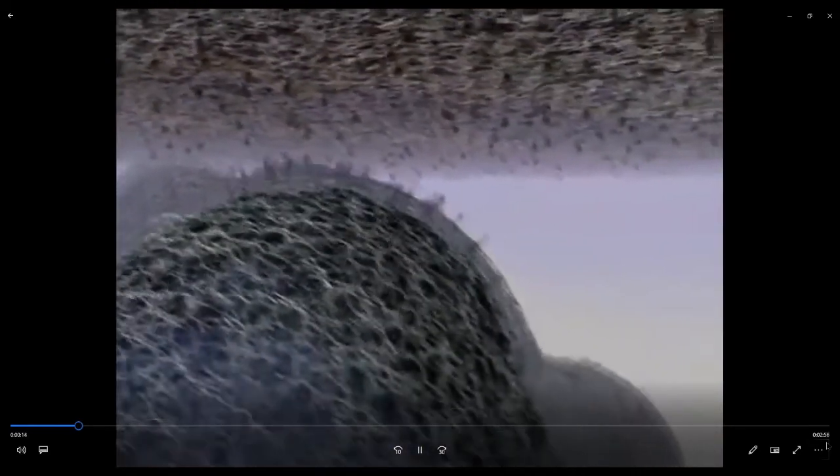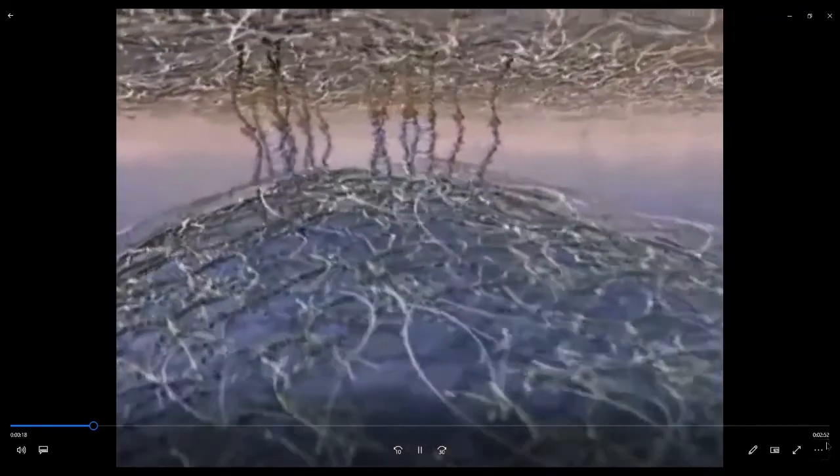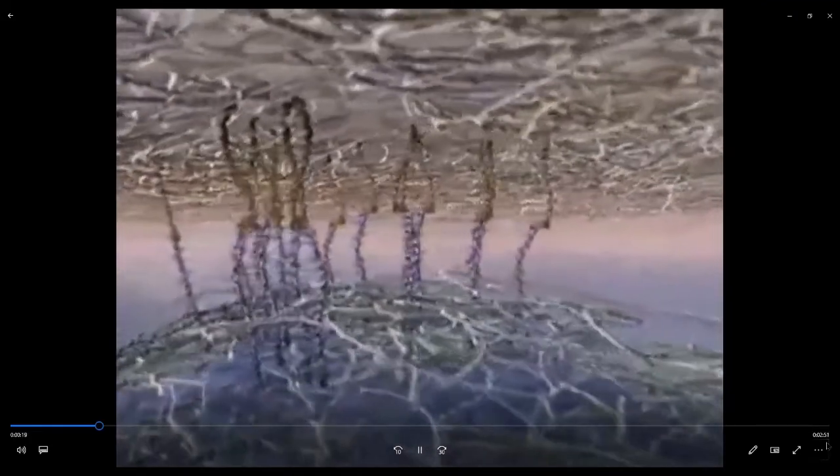So there's the red blood cells, and the little blue things are the white blood cells. You're going to see some of these things. I don't even know what they are.